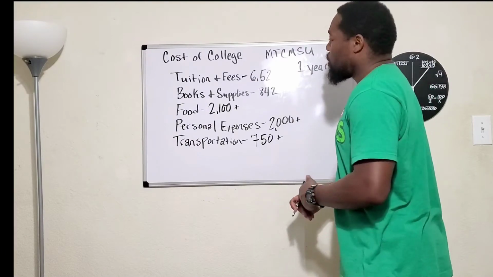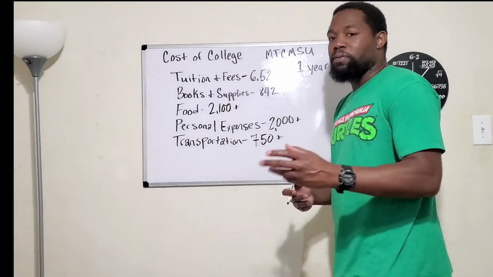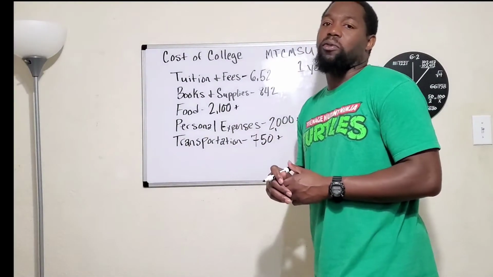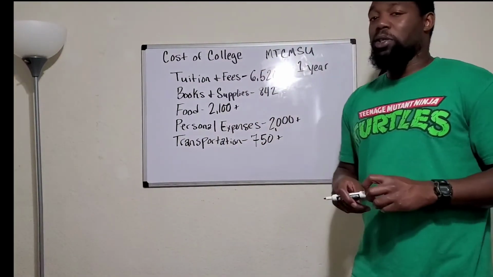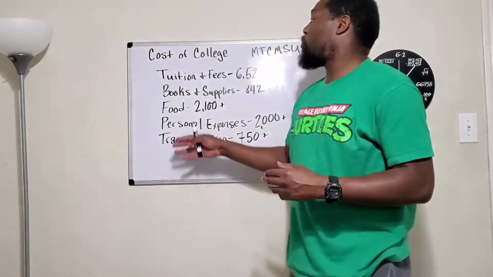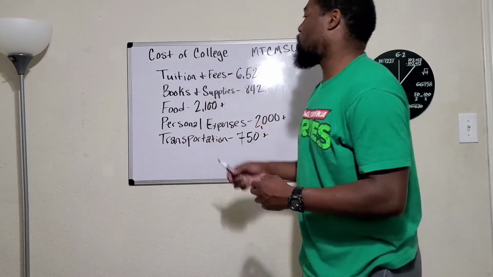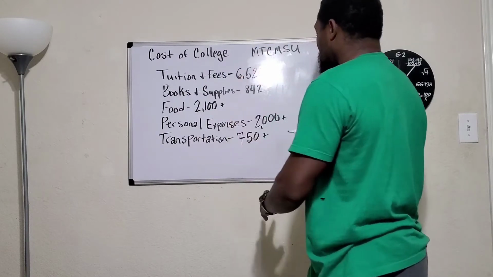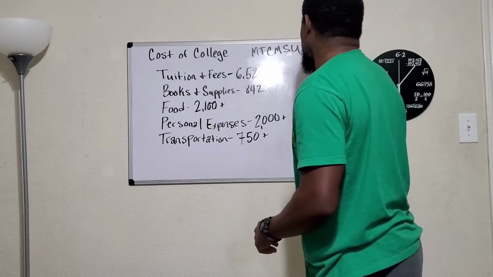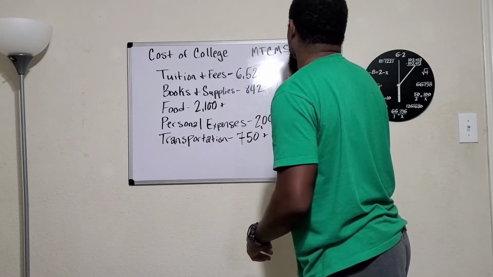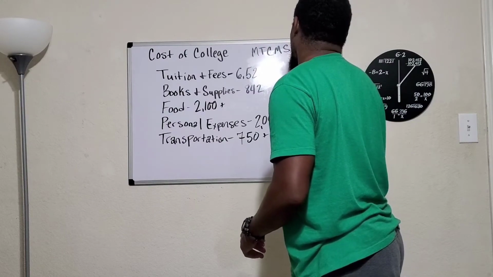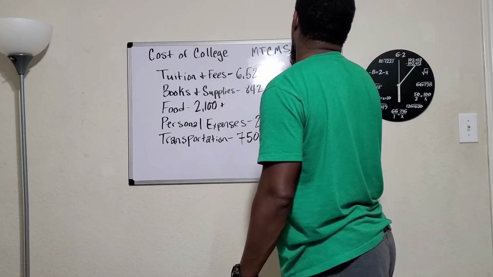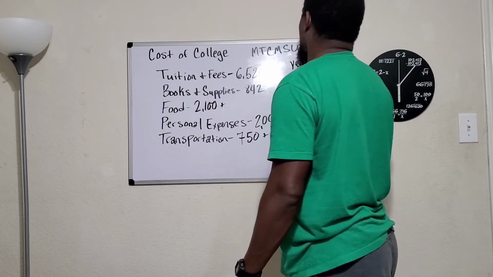So pause the video, add these up, and let's see if you get the total cost of 1 year for attending MTC-MSU. After you've done all of your math, you should have come up with $12,212 for 1 year at MTC-MSU.